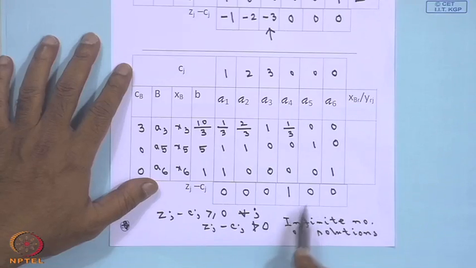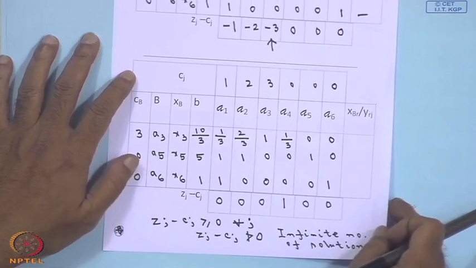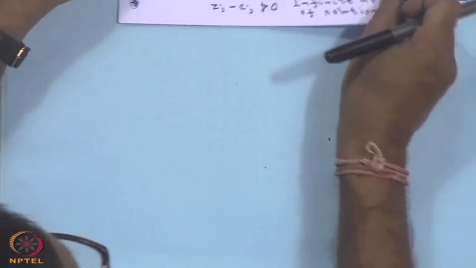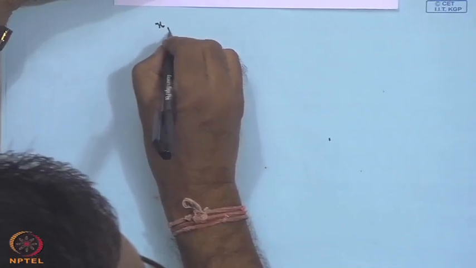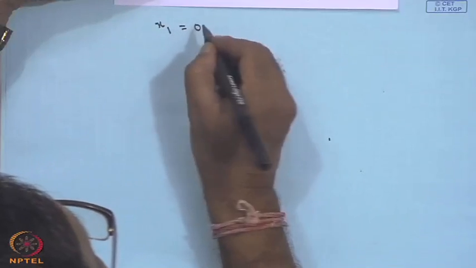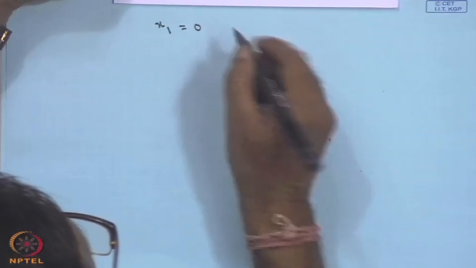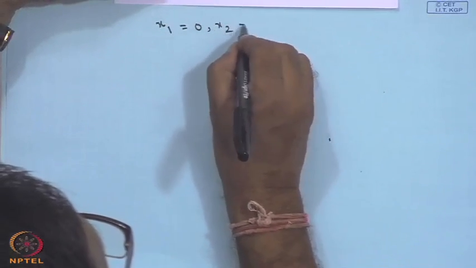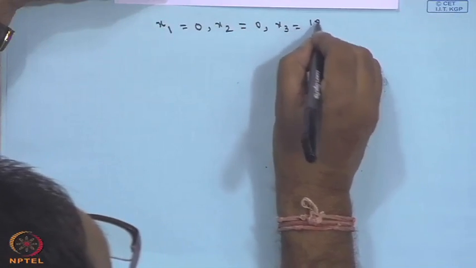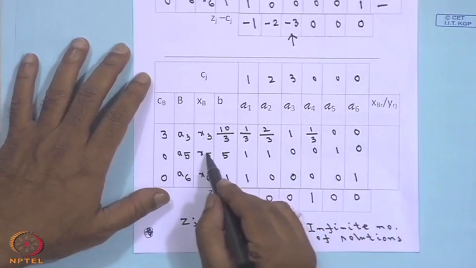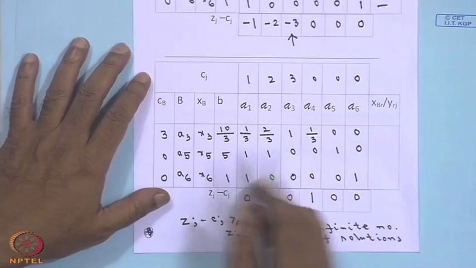Since this is the optimal table, Zj minus Cj is greater than or equal to 0. So, one optimal solution you can always write down is x1 equals 0, because x1 and x2 are not there. So, x1 equals 0, x2 equals 0 and x3 is 10 by 3. From the last table itself, it is clear x3 is 10 by 3 and x1, x2 are not present in the basis.